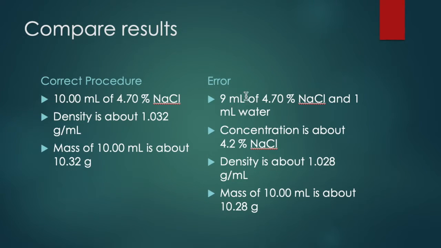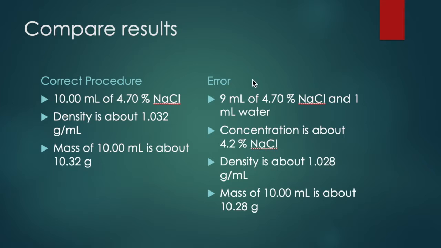So in this exaggerated error where you had a full milliliter of DI water inside your pipette, you would draw up 9 milliliters of your 4.70 mass percent sodium chloride solution.